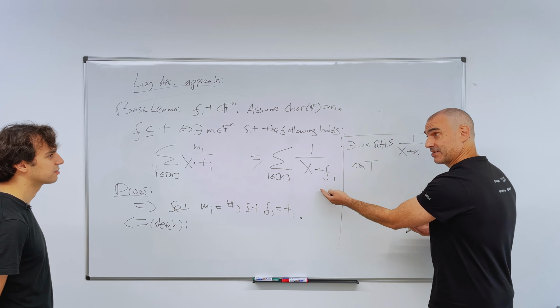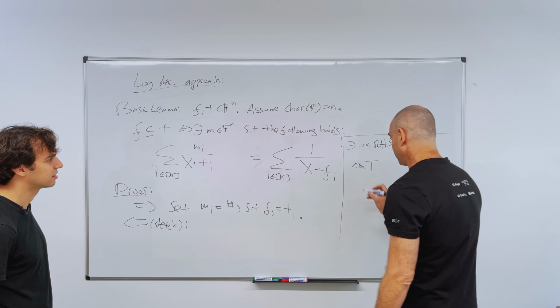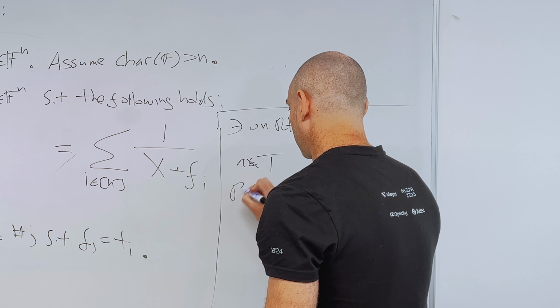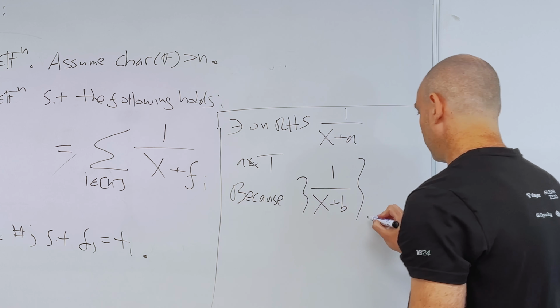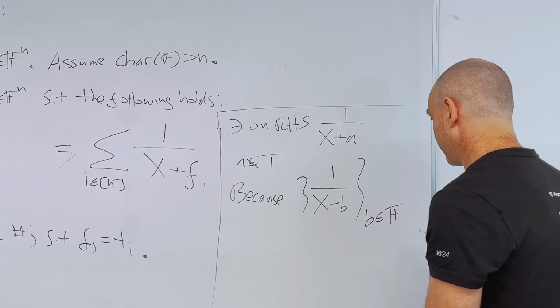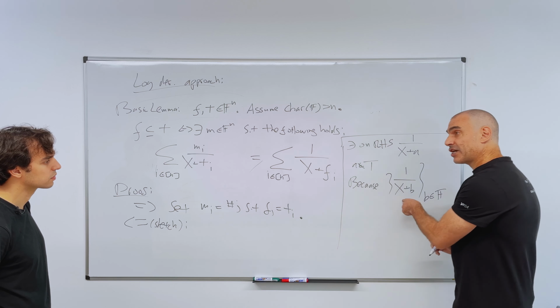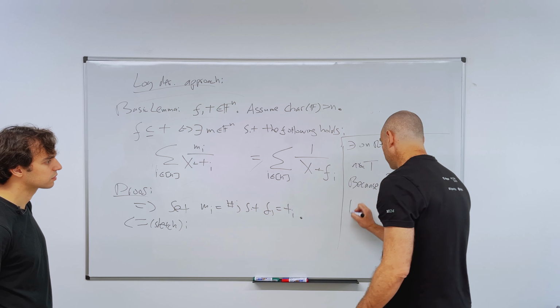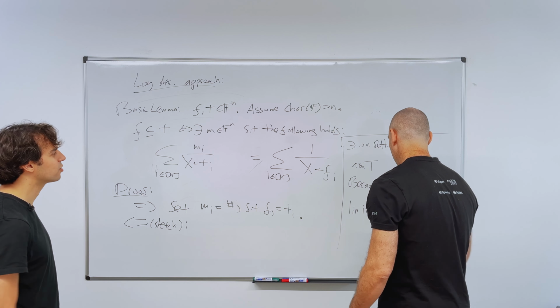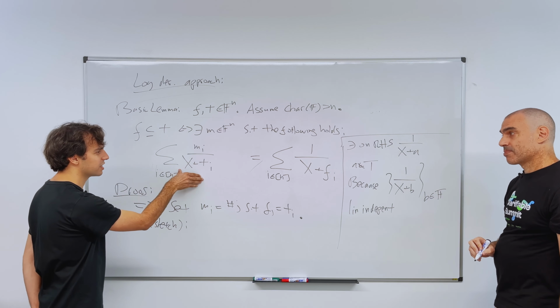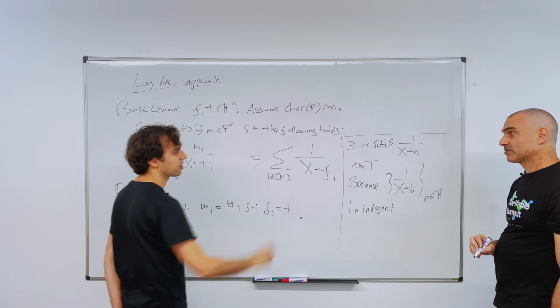Okay. Yeah. And basically the idea is that if we look at the set of all such functions, 1 over x plus b over all b in the field, you can check that these functions are linearly independent. So no linear combination of these will ever create the one that doesn't exist. Yes. Amazing.